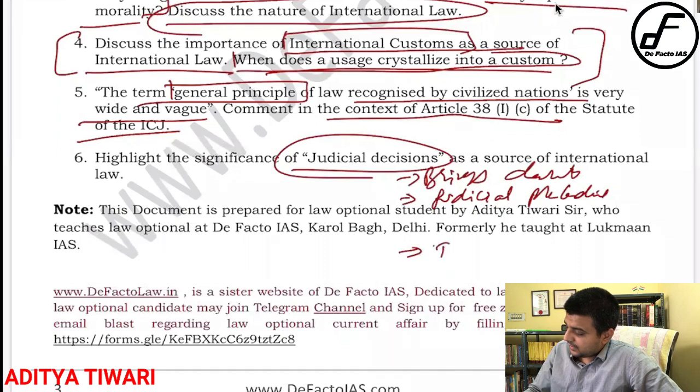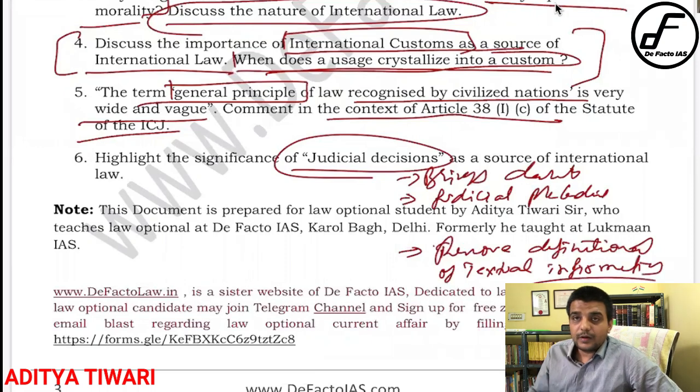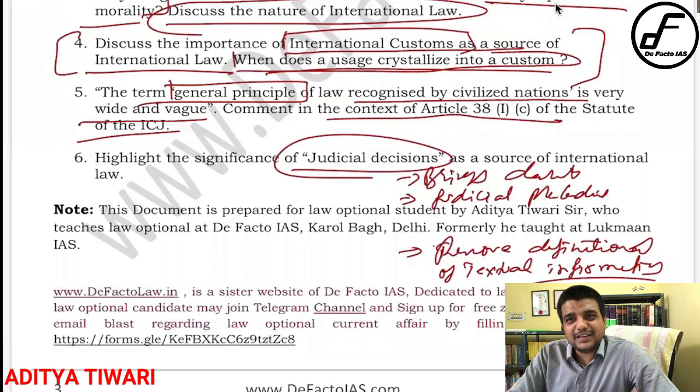And removes definitional or textual infirmities. So these are the three significances of judicial decisions in international law.